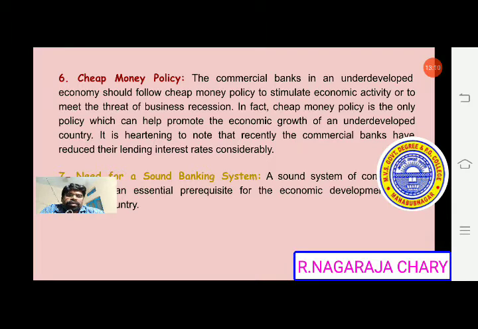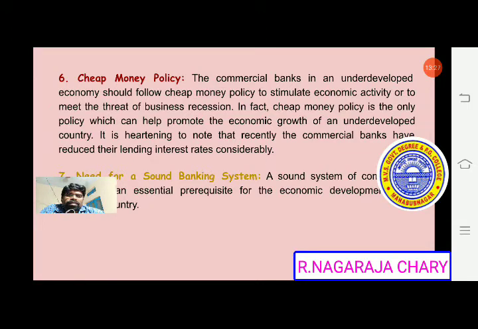So the RBI and SEBI, in association with the central government, the money policy will be taken.